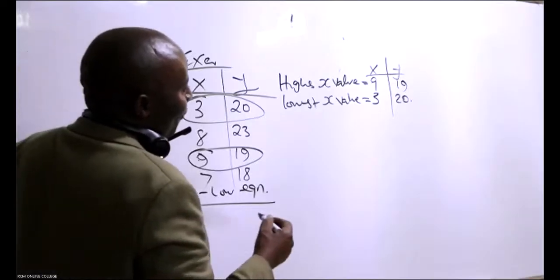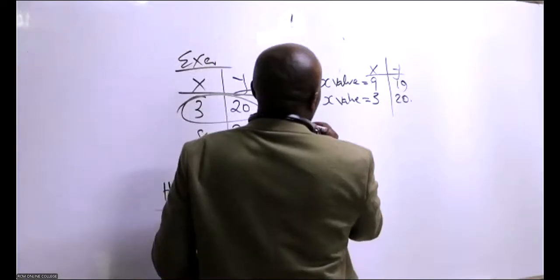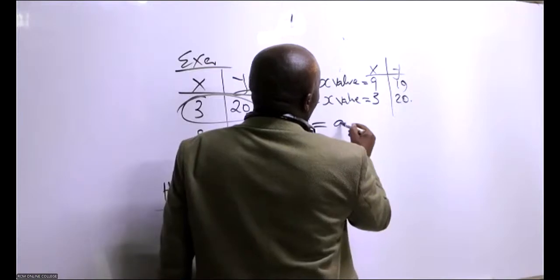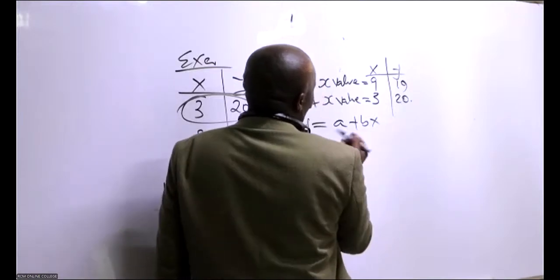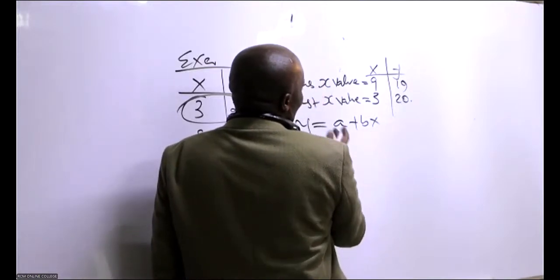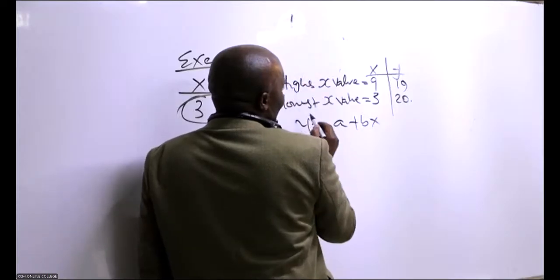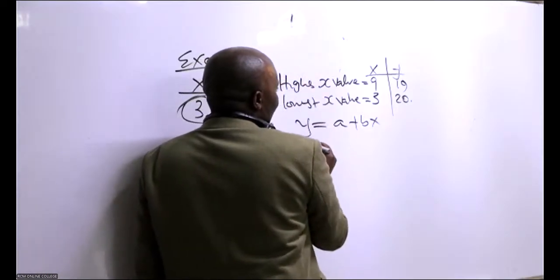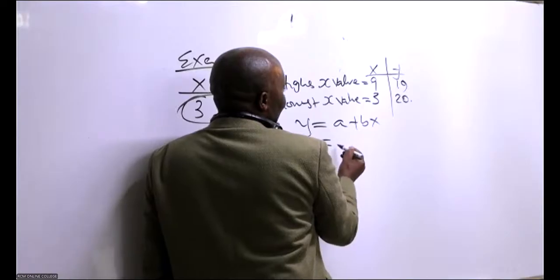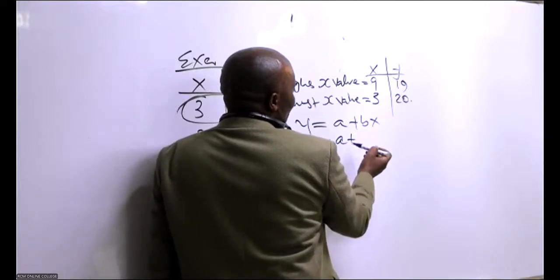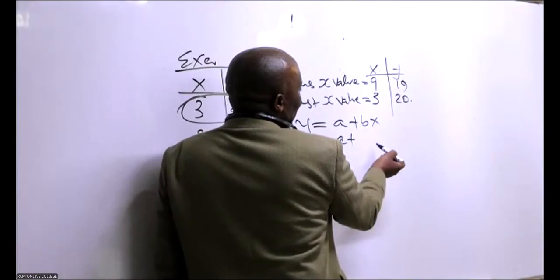Then you go ahead and form equations. So we have our equation being y equals a plus bx. Two simultaneous equations. We start with the highest. So the highest, what is the y? 19, equals a, which I do not know, plus bx.